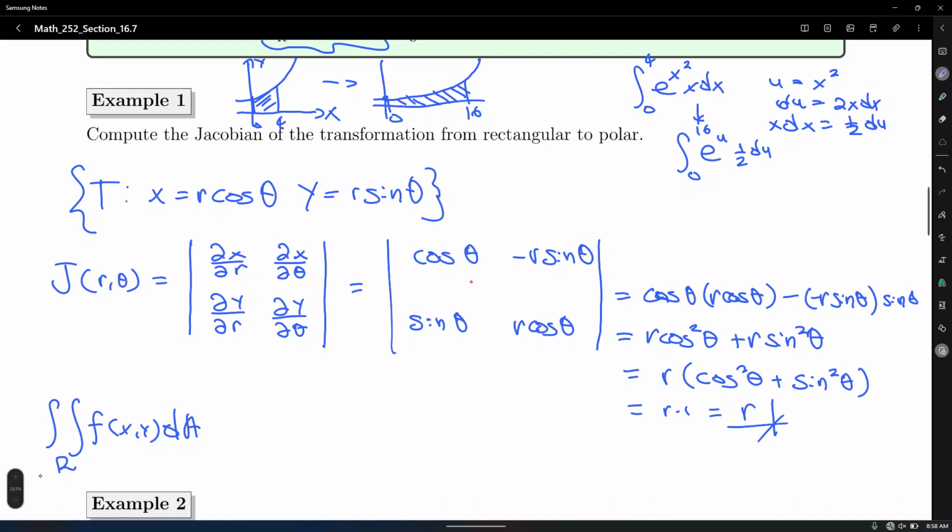We start at a set R, and then we send this to the world, let me call this S. We go from the world of R to the world of S. Now, what do we do? Well, every instance of x in your integrand, I mean, if you had an integral with an f of x and not an area integral, every x becomes some r cosine theta, and every instance of y becomes r sine theta.